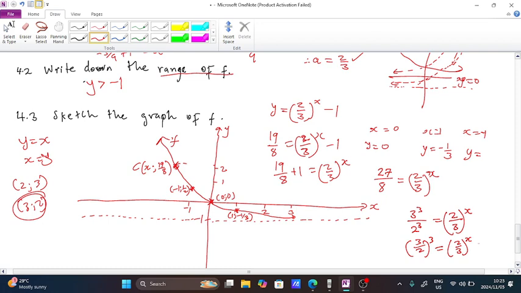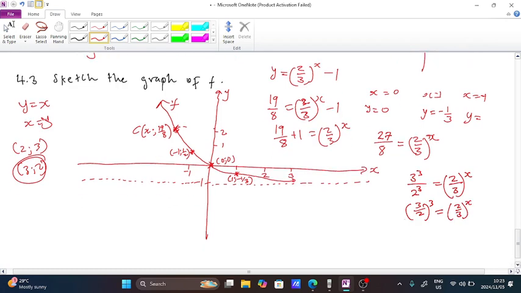Now what can you do here? The bases must be the same. How can we make the bases the same?